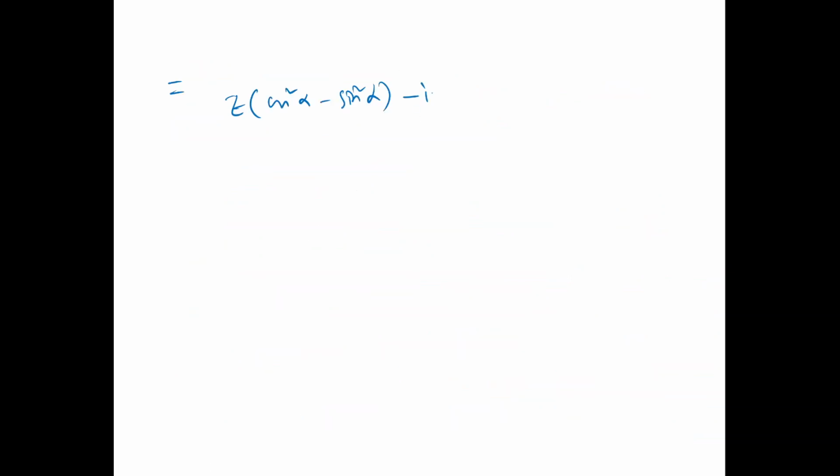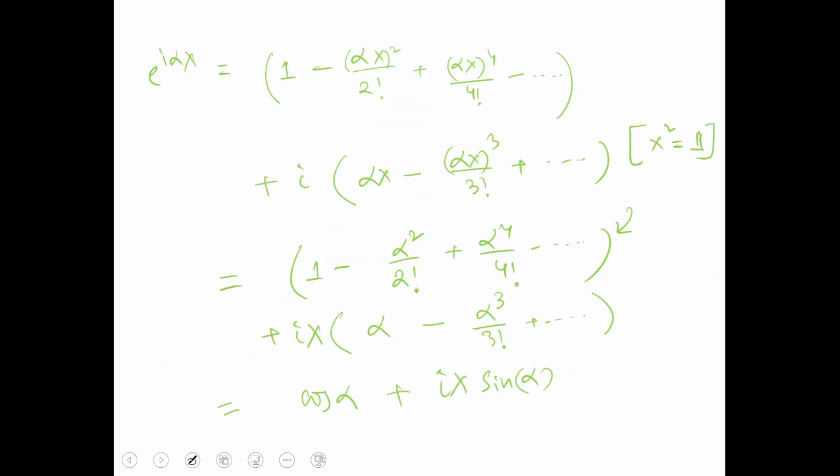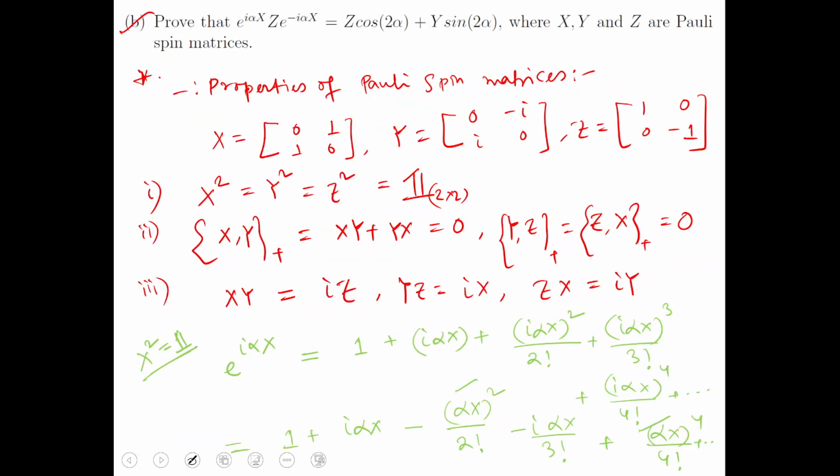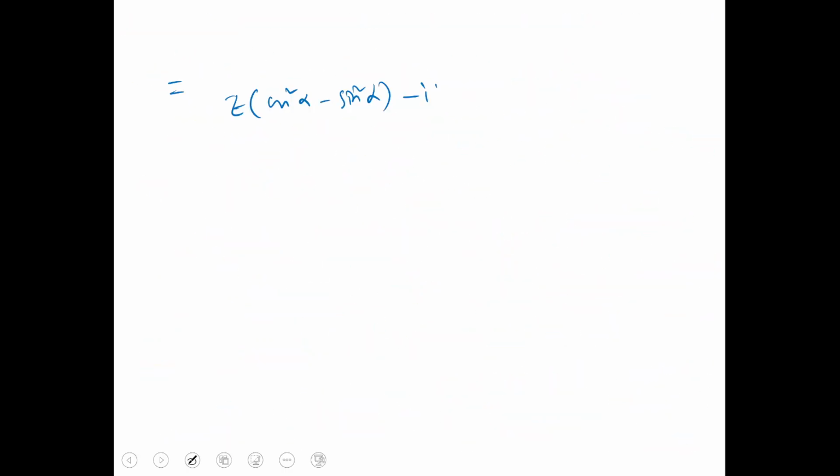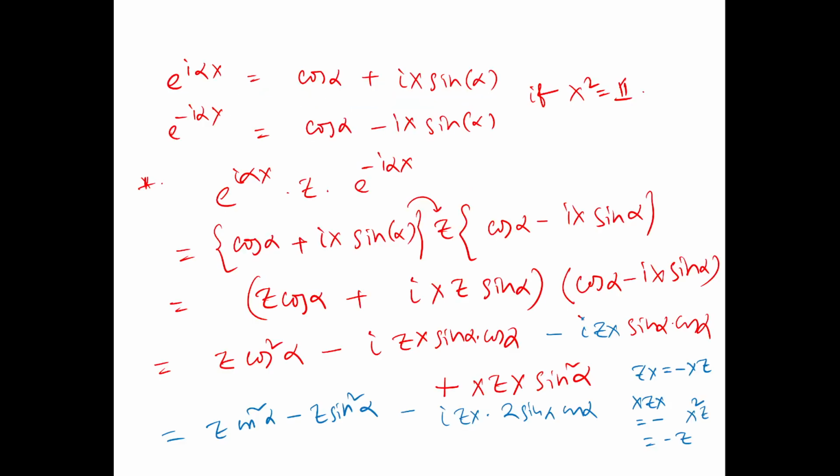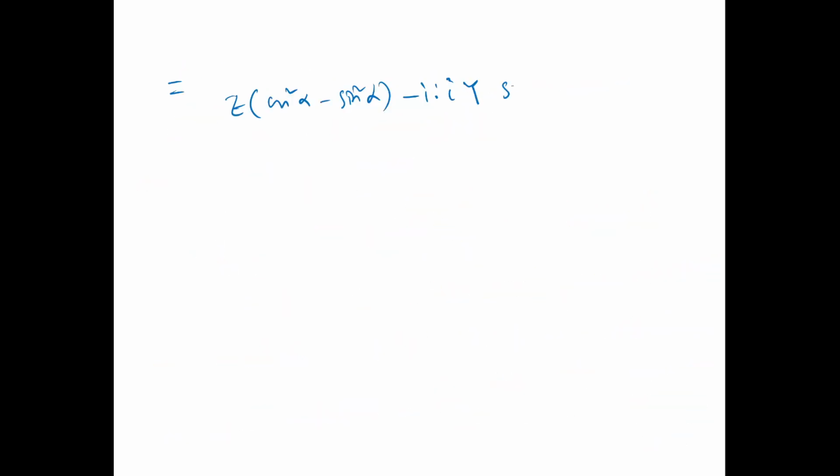I have told you that zx is nothing but iy, right? From this property, you can see zx is iy. So you have iy, and 2 sin alpha cos alpha is sin 2 alpha. And cos square alpha minus sin square alpha is z cos 2 alpha.